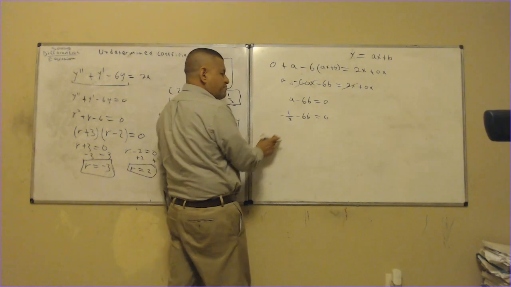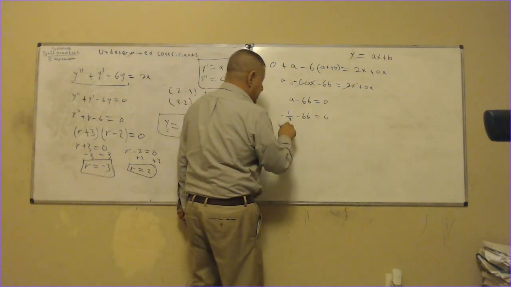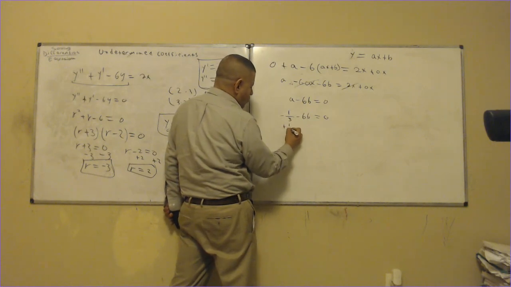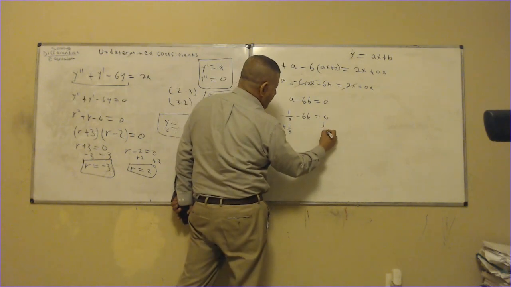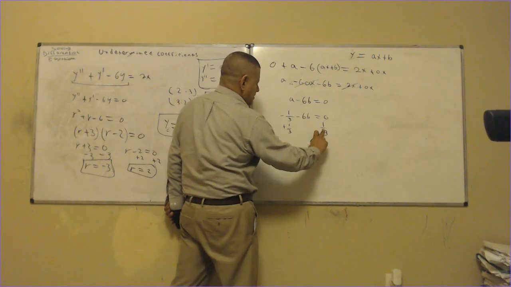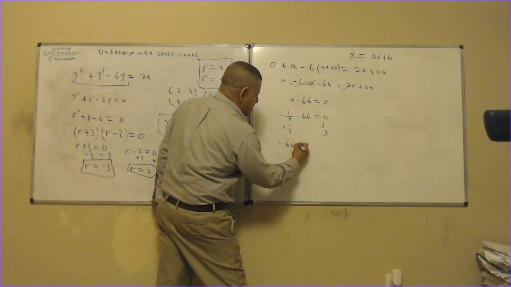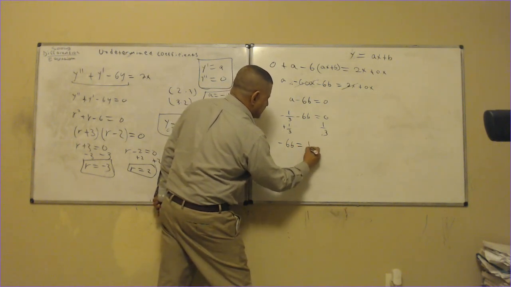Now what I can do is basically add this on both sides. So I add 1/3 on the other side, and I get negative 6b is equal to positive 1/3.